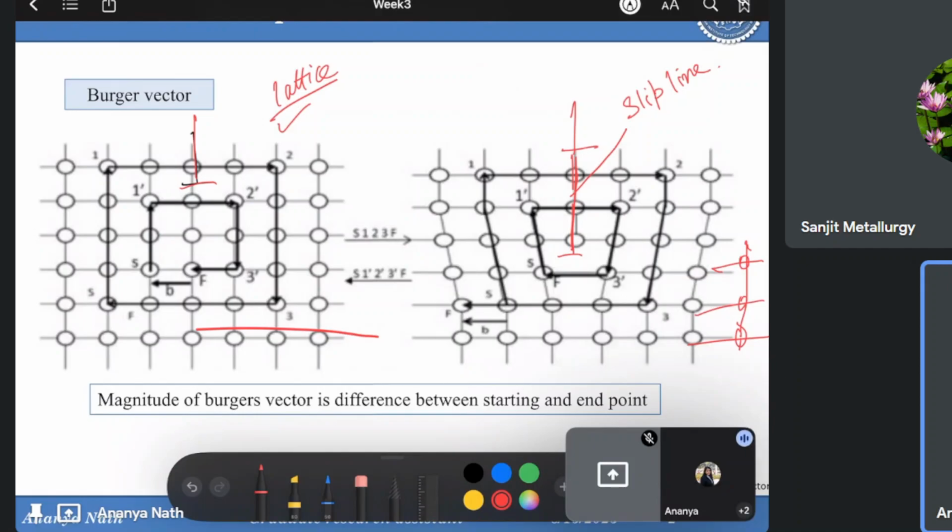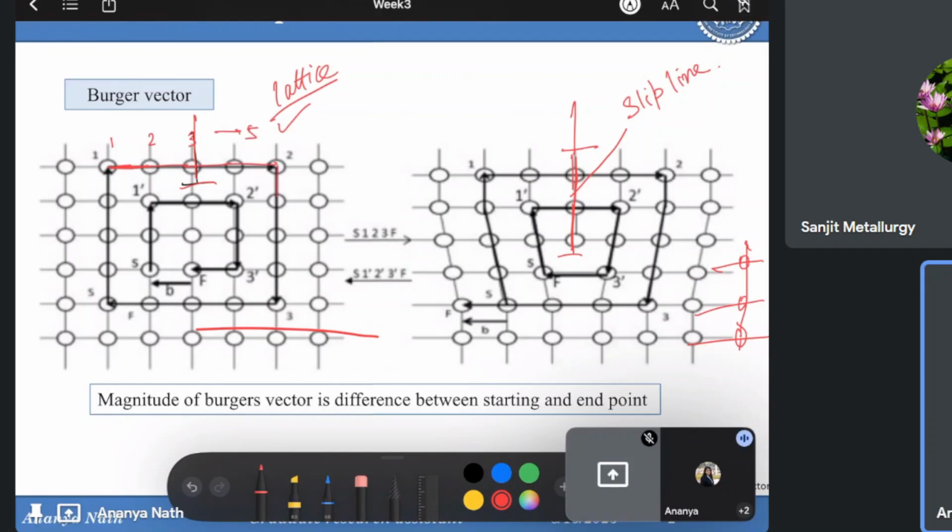In this strain free or healthy lattice, if you want to count the atoms along a particular path to calculate what faults are present in the lattice, you will take help of the Burgers vector. We'll start counting from this: one atom, two, three, four, five. So in this direction there are five atoms.